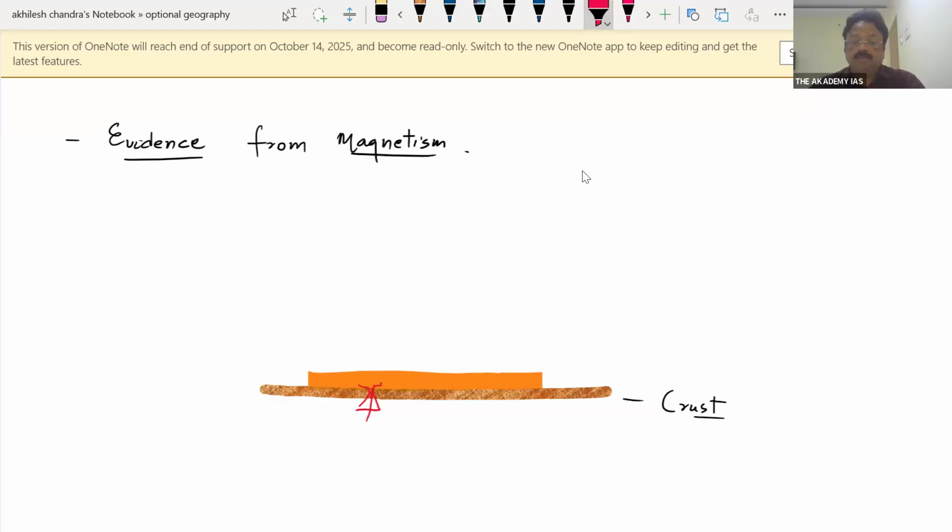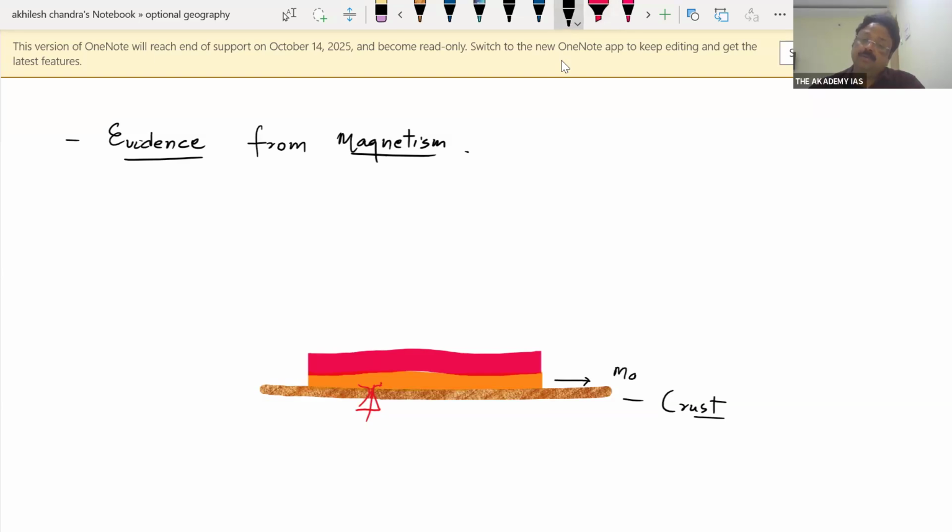In some other geological period, this is another lava flow, and lava is going to deposit. First thing you need to understand, inside this lava, this magma, when it was molten, certainly there will be ferromagnetic compounds like iron, magnesium, nickel, cobalt, and so on and so forth.